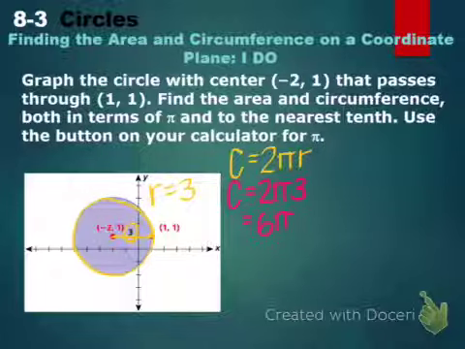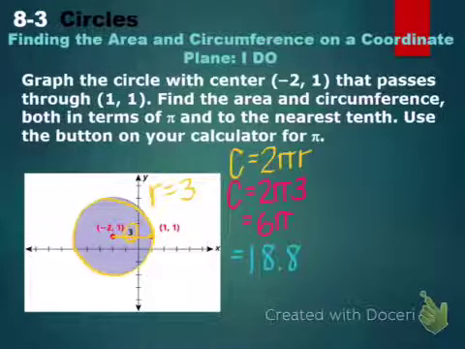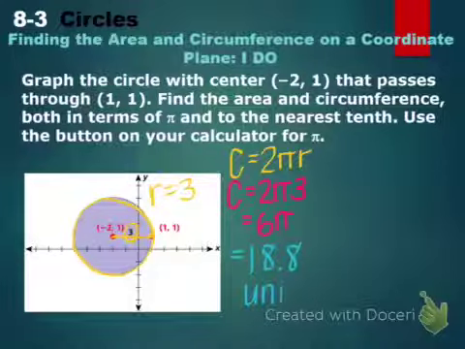So in terms of pi, our circumference is 6 pi. And then on our calculator, if we take 6 times pi, we get 18.8. And it's no units, so we can just put units. So there's the first 2 answers.